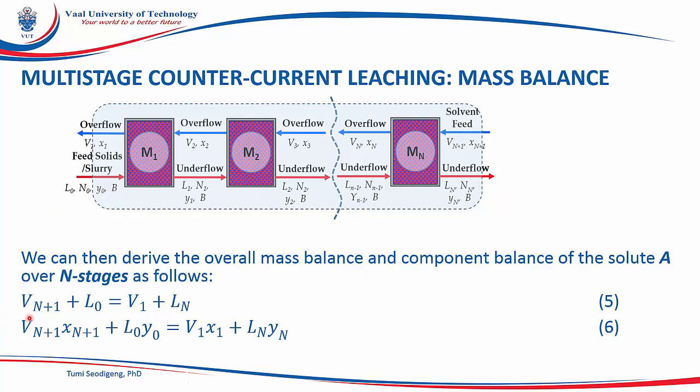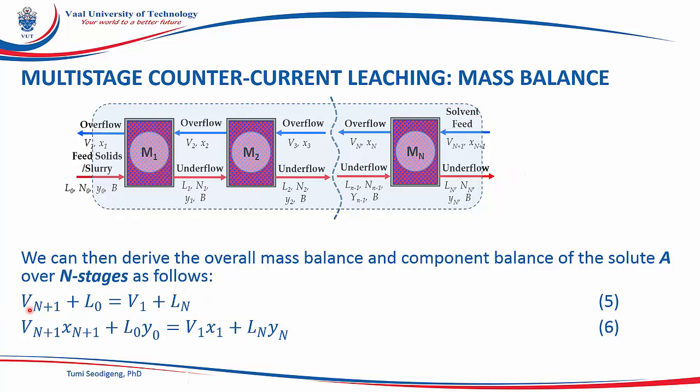So the overall mass balance will be all the incoming streams, Vn+1, which is the stream here, and the incoming slurry stream, L0, which is the stream here, plus V1, which is now the outgoing stream, this stream here, and then Ln, which is the stream here.